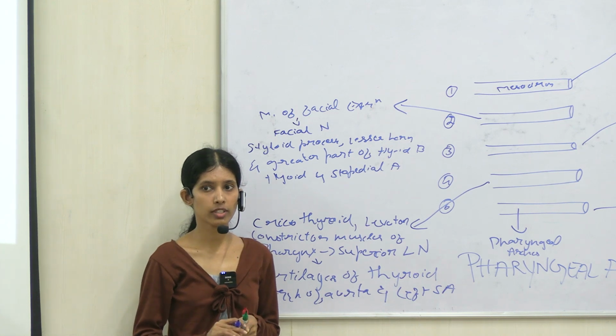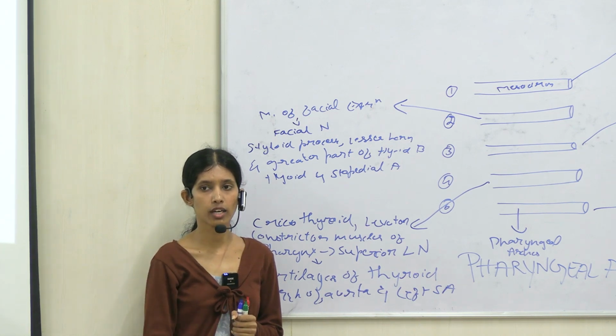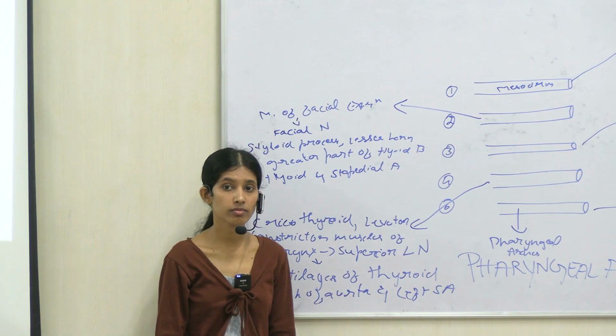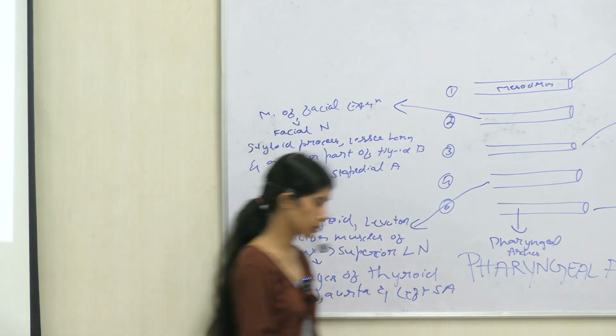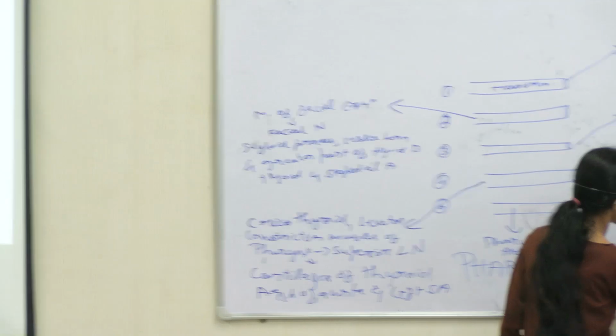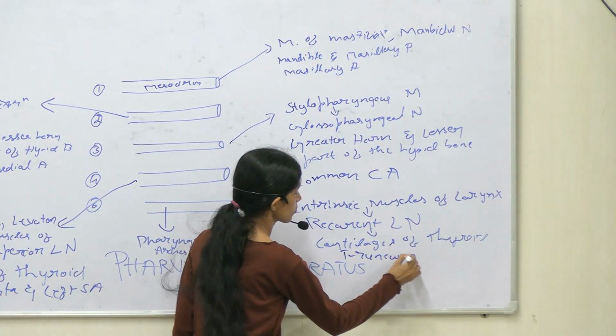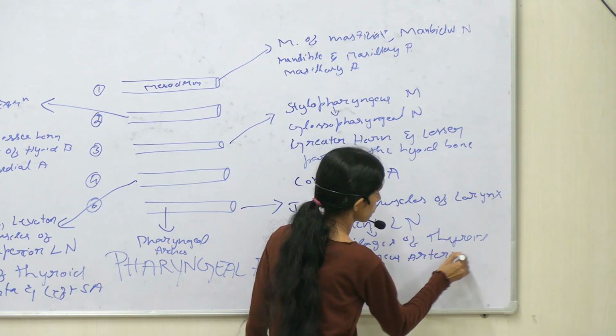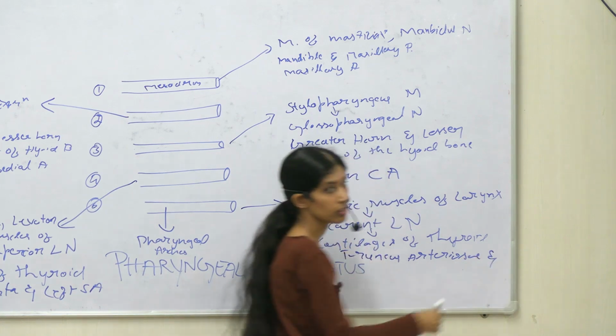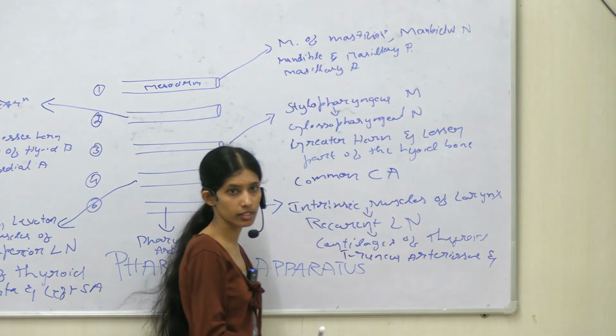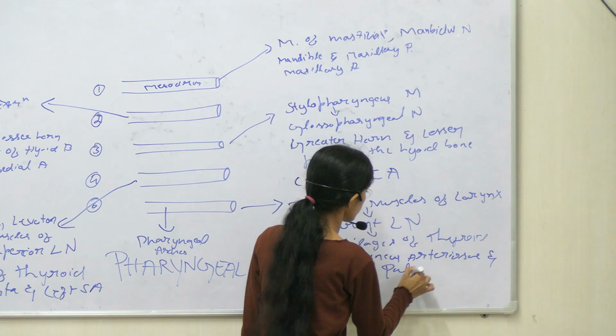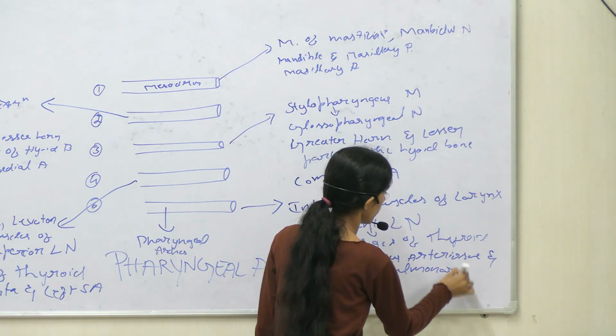What about the derivative of your sixth aortic arch? Truncus arteriosus and pulmonary artery, right? It is the pulmonary artery.